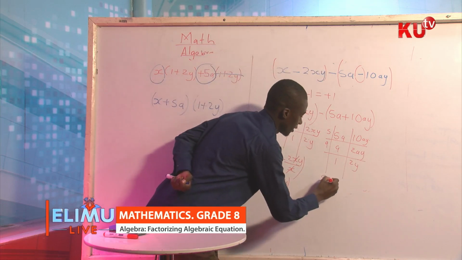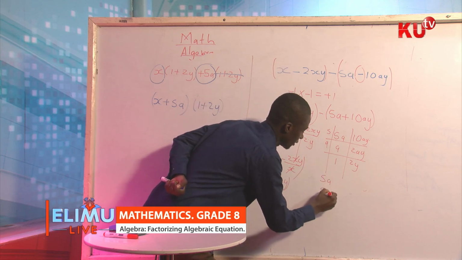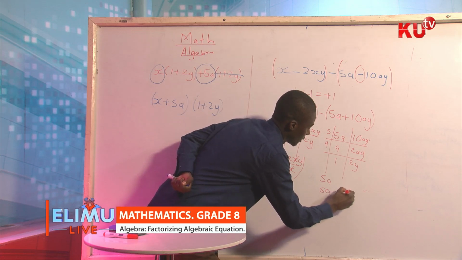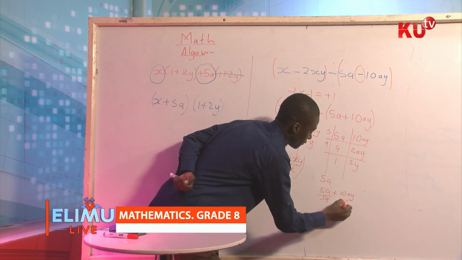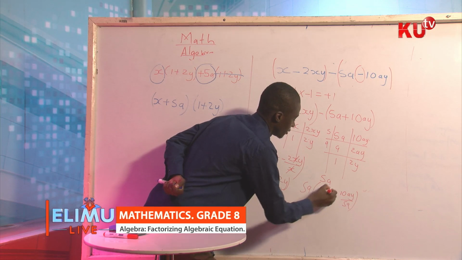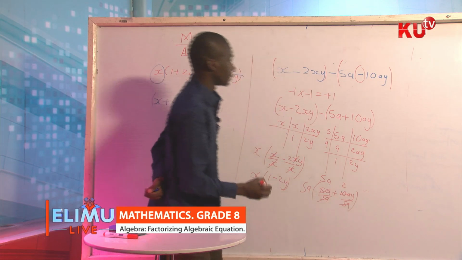This is 5a. As our GCD is 5a, 5a plus 10ay, divide this side by 5a, 5a, 5a. So this and this is going to cancel out. This part is going to give you a 2.